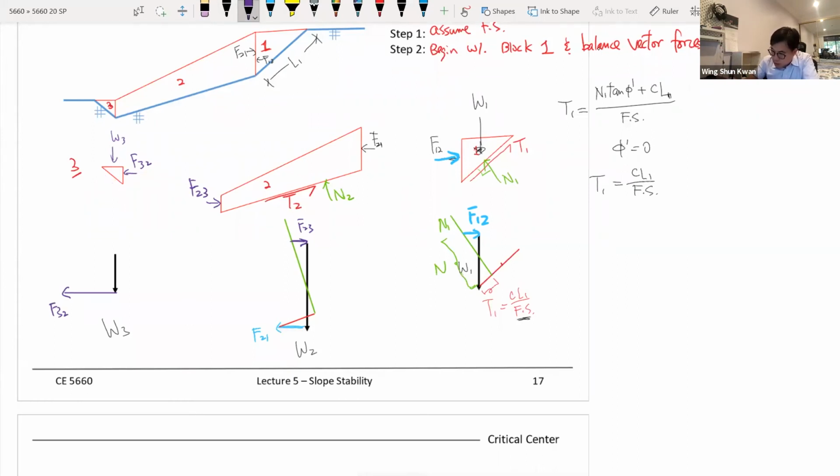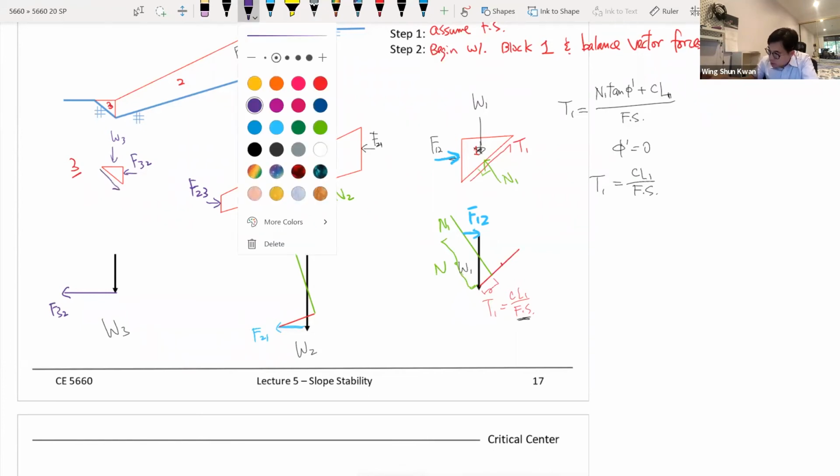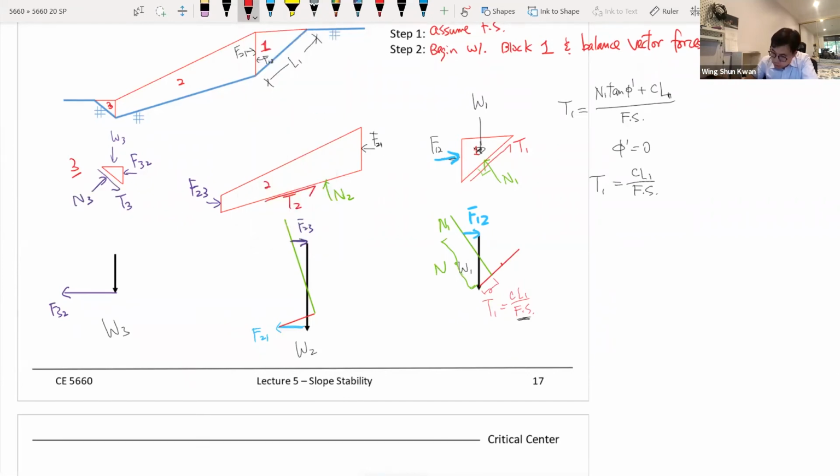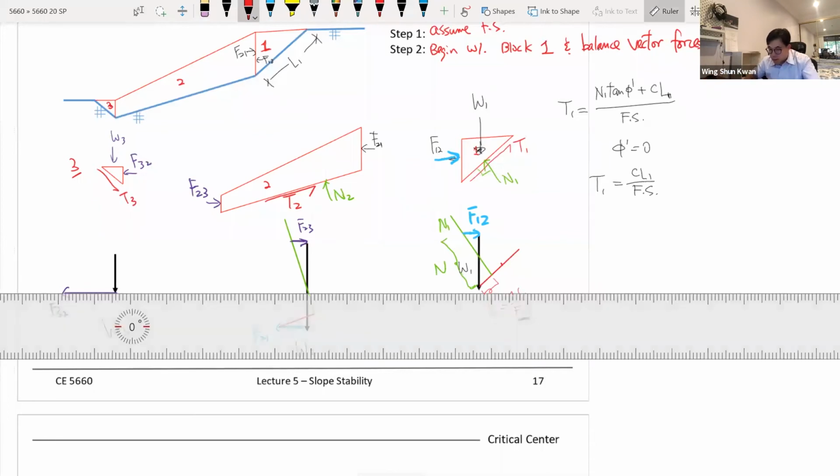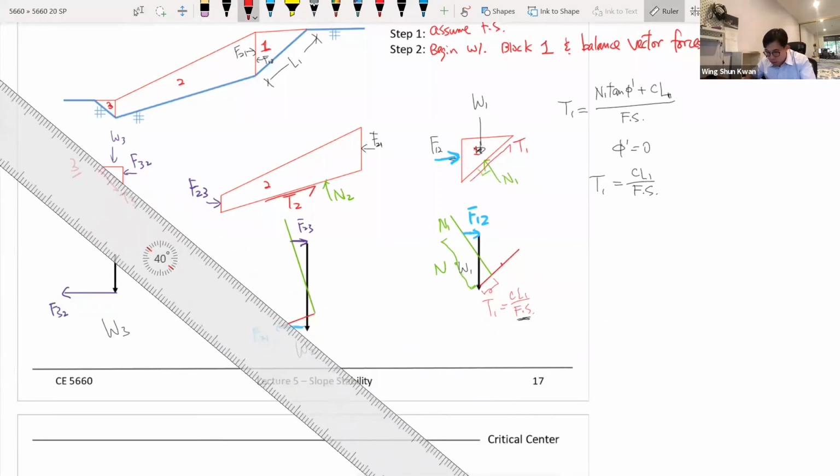So red is the frictional force. And this needs to be in this direction.